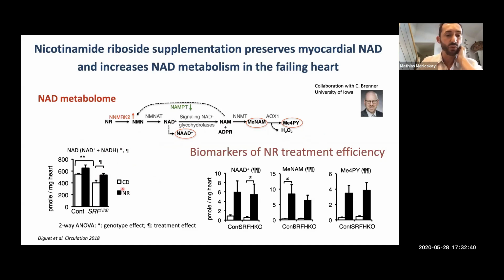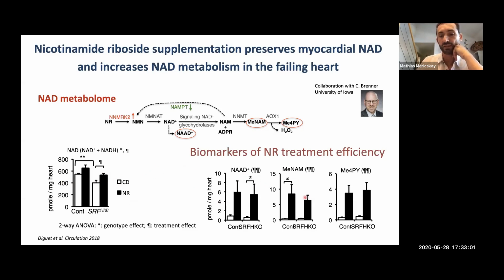but basically what we found is that the NR supplemented diet is able to restore the 25 to 30% decline in myocardial NAD level that we had observed in these mice in the heart, and that was restored to normal by the NR diet. And of course, this is an abundant metabolite, so the changes are maybe more moderate.